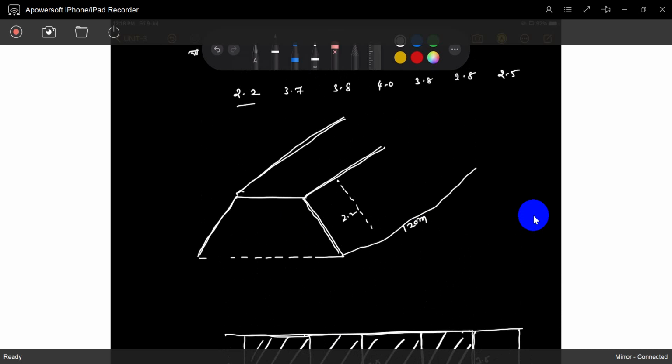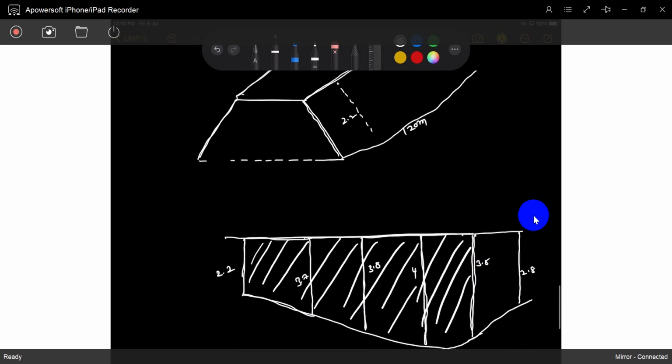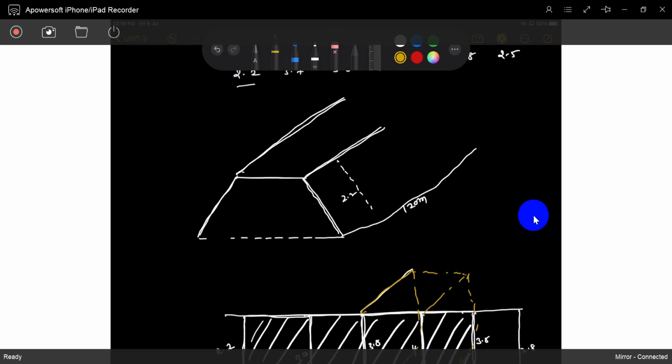That's why every section has a different area. Different areas will come, but the top should be exactly parallel.